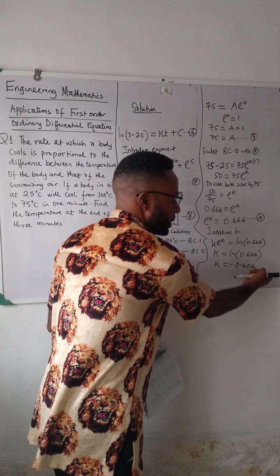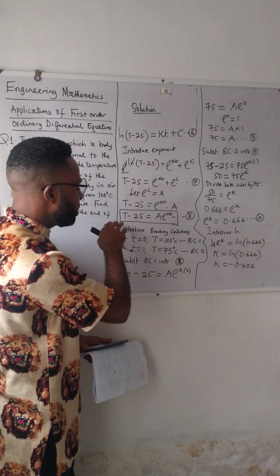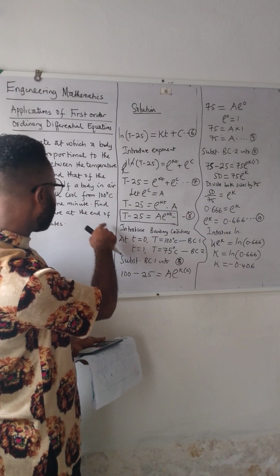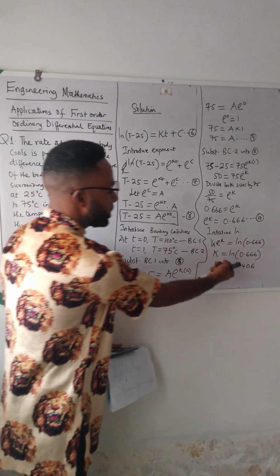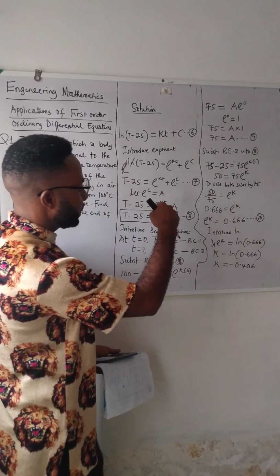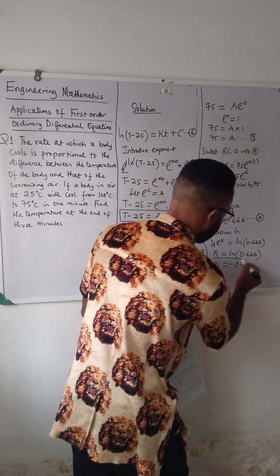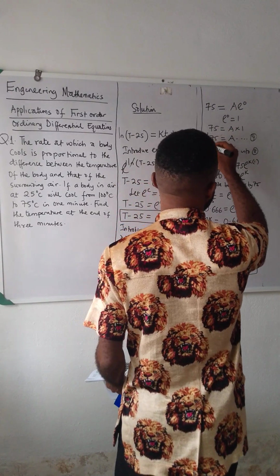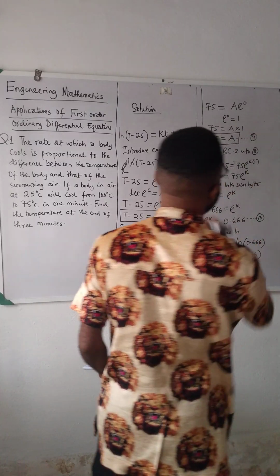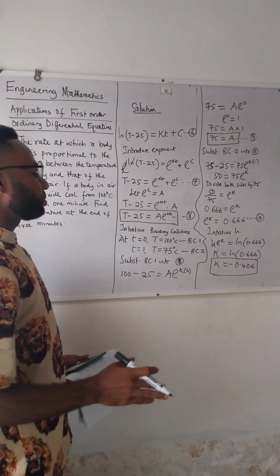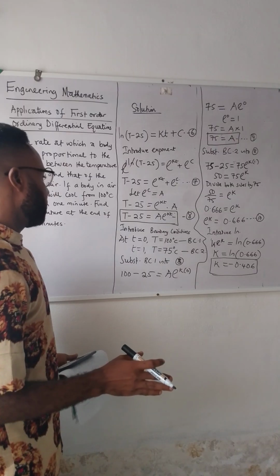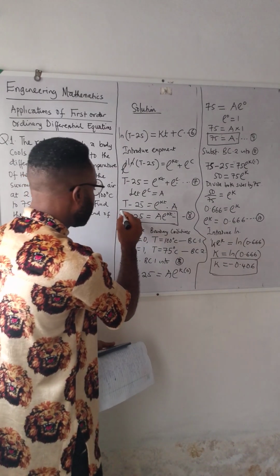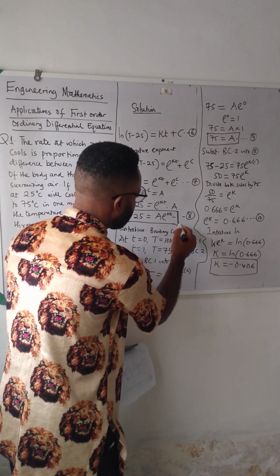With this constant, we can find the temperature at any given time, and with the value of this constant and the value of A, we can predict the temperature of this body at any given time t using equation 8.